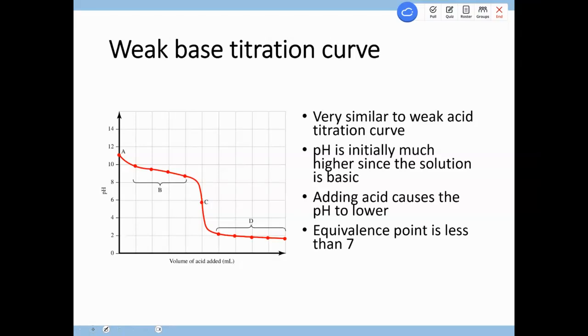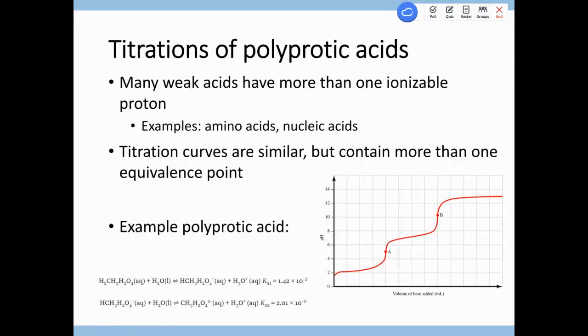And then one more thing to review here is that some acids, and I think you worked through this in lab, have more than one acidic proton, so more than one proton they can give away. Usually, one proton is more acidic than the other. I guess not always, there are some exceptions. So a polyprotic acid will have 2 equivalence points, and you can identify those by where the line is more vertical.